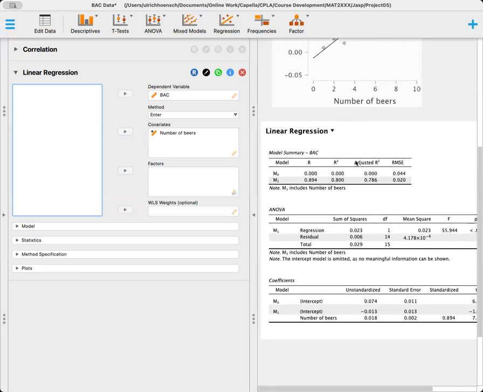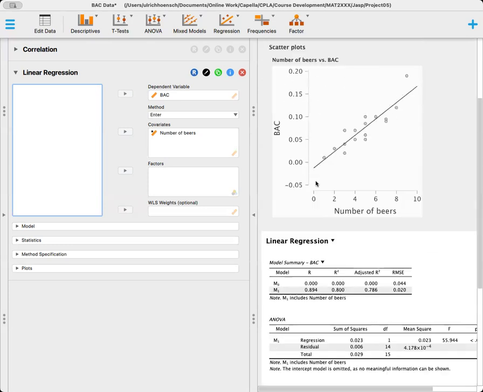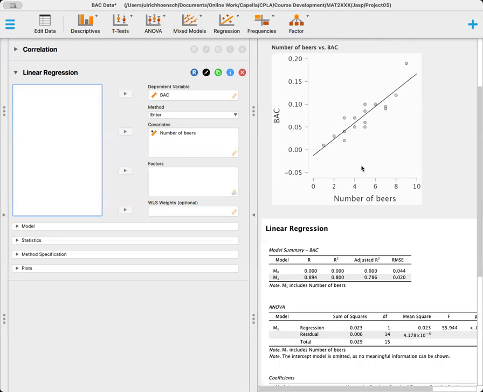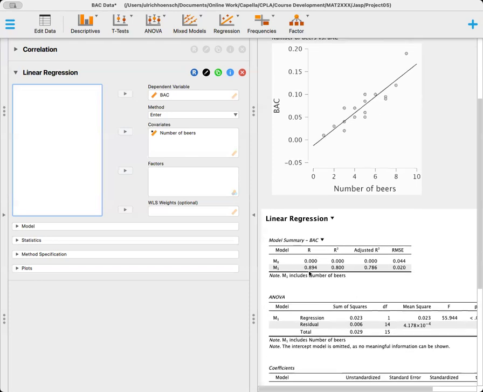In this table here, you can see the correlation coefficient that we had before, 0.894. This is the correlation coefficient we also had up here. And then if you square the correlation coefficient, you get R squared, or the coefficient of determination, which is 80%, and that tells us that the number of beers explains 80% of the variation in blood alcohol content.